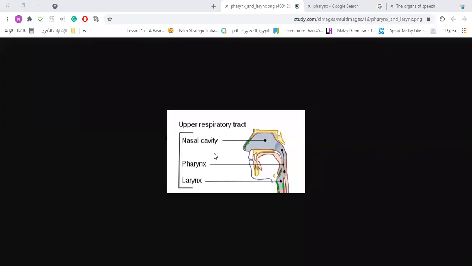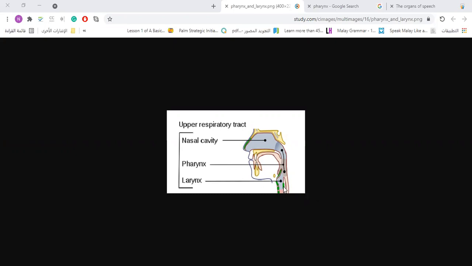Okay, now if you look here, I repeat what I said earlier so that you would connect what I said to what you're seeing in front of you. I said that the pharynx is a tube, as you can see, right above the larynx, and it ends in two parts. It also holds and manipulates the vocal cords, which we need to produce sounds.